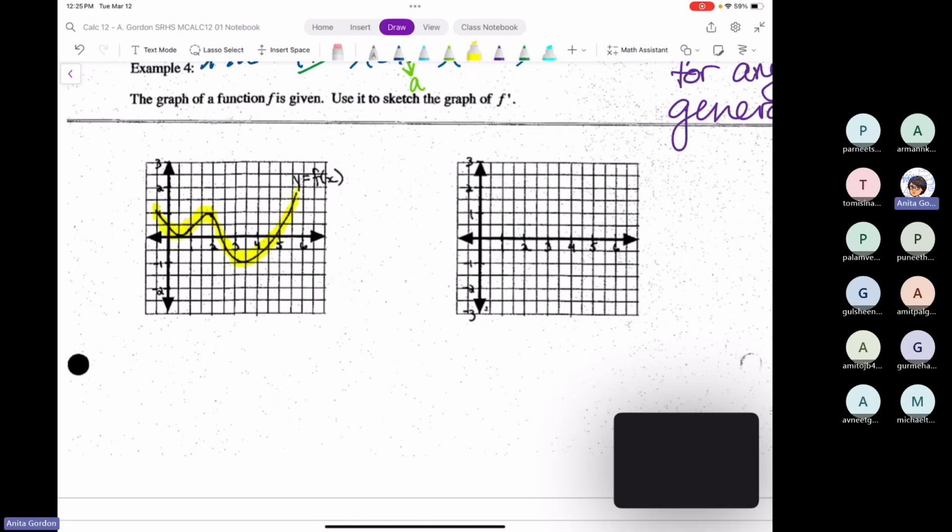Okay, when we are looking at derivatives, we are looking at tangents at any given point. So the first thing I'm going to do is identify where the peaks and valleys of my graph are. So on the original, here are the peaks and valleys.